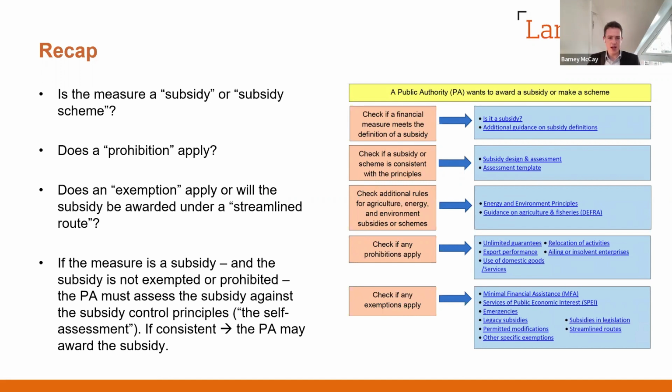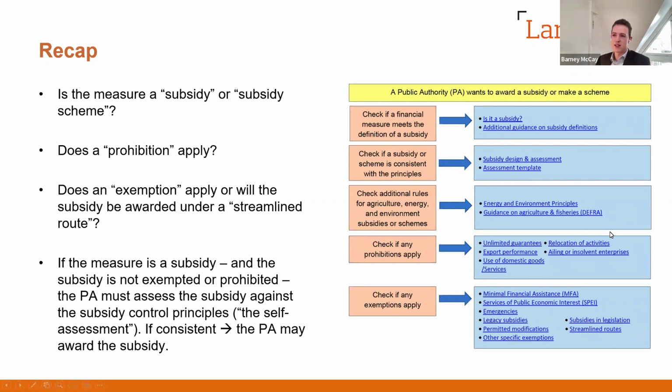It's similar in terms to that. If the measure is a subsidy, the authority then needs to consider whether a prohibition applies that would prohibit the subsidy outright. So, for example, if the subsidy would guarantee an unlimited amount of liabilities or debts, that's prohibited outright, and the public authority cannot make that subsidy.